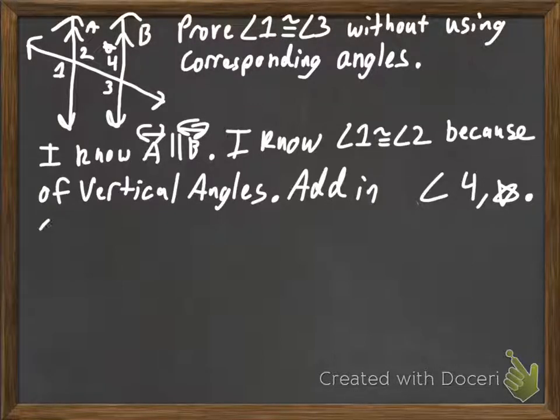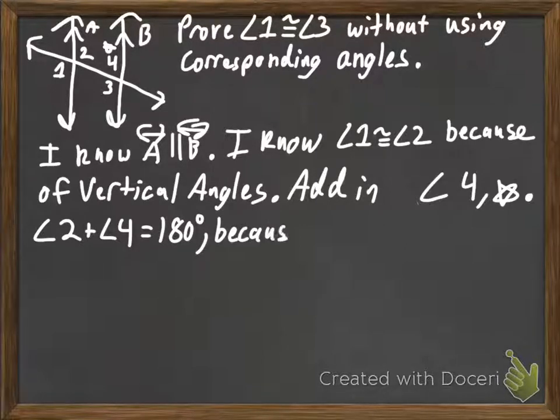So I can say that angle 2 plus angle 4 equals 180 degrees because they are same side interior angles.